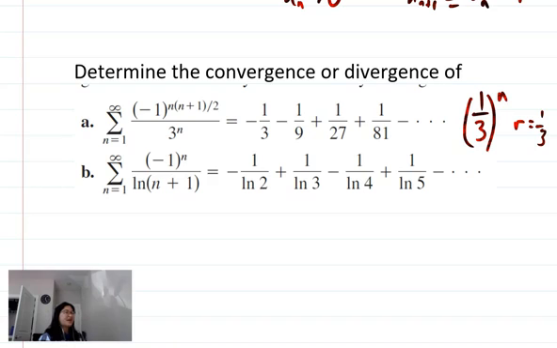And so we have a convergent geometric series for the absolute value of this guy, right? The absolute value of this gives us a convergent geometric series. And if we have absolute value of our series that converges, then we have an absolutely convergent series. So this converges absolutely. Okay.